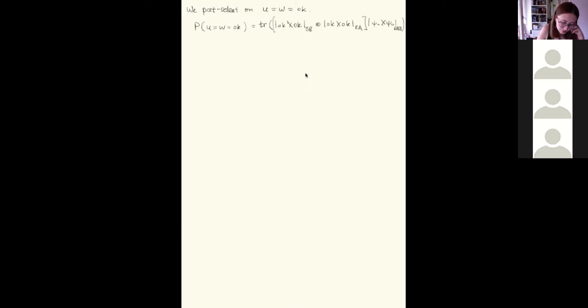We calculate the trace of this, and this gives us the probability of Ursula and Wigner both getting outcomes okay. I will not do this calculation here, but I'll give you the final result, which I think is 1/12. You can do it by calculating with matrices or just writing it out explicitly.